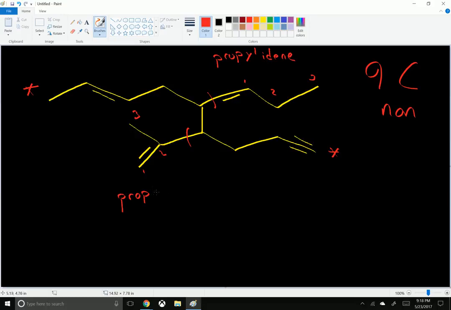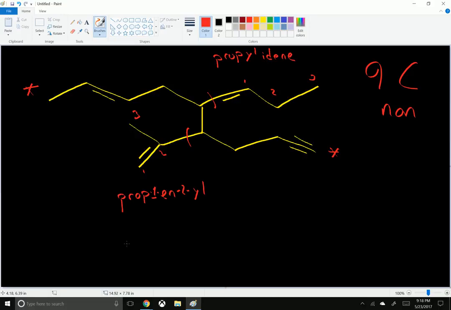So instead of being a propylidene, it would be a propenyl. And because it's not attached at the end of the side chain, it is instead attached at the middle, from the second carbon. You have to indicate that. And then you indicate that the double bond goes from the first to the second carbon in that chain by putting a 1 there. So it's a prop-1-en-2-yl. Not too pretty, but what are you going to do? So we have propylidene and prop-1-en-2-yl.